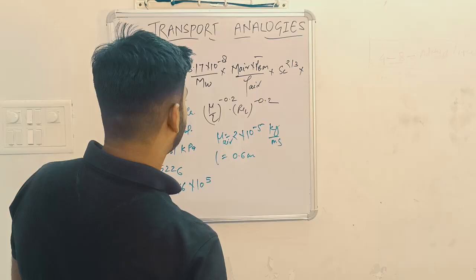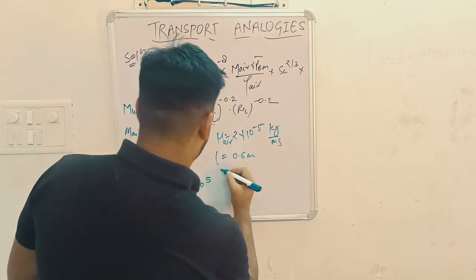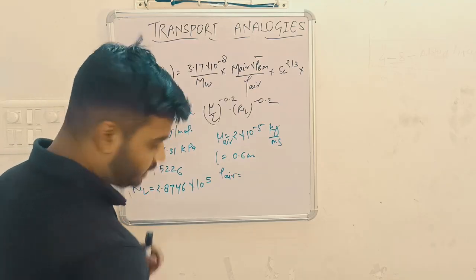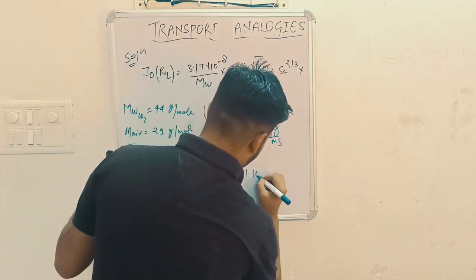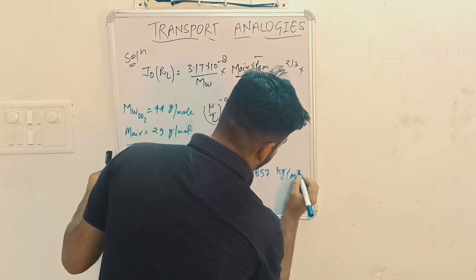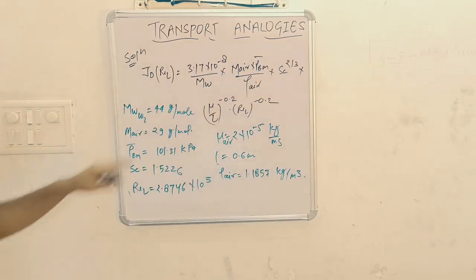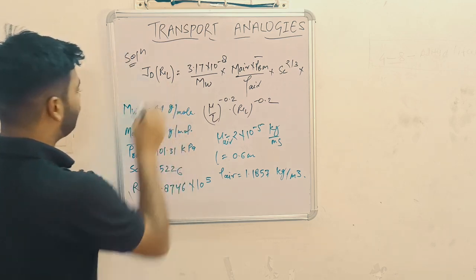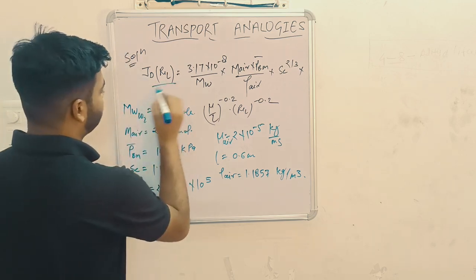Also, we require density of air, which is calculated as 1.1857 kg per meter cube. So we have all the values, and substituting all the values in this formula, we will get the value of JD.